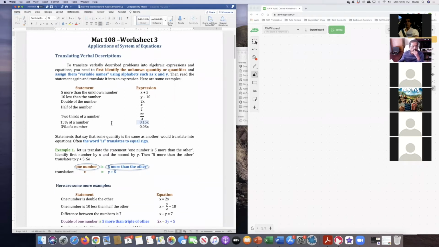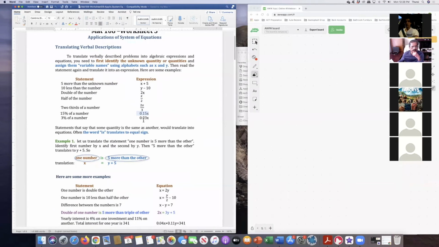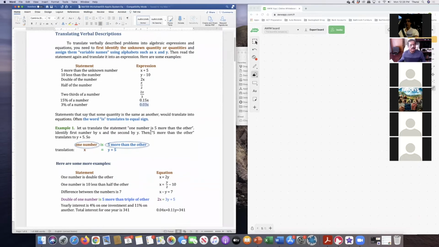3% of a number will be 0.03 times X, since 3 over 100 is 0.03. So this is how simple statements translate, and we'll proceed to understand more of them. Whenever the problem says some quantity is the same as another, it means equal.